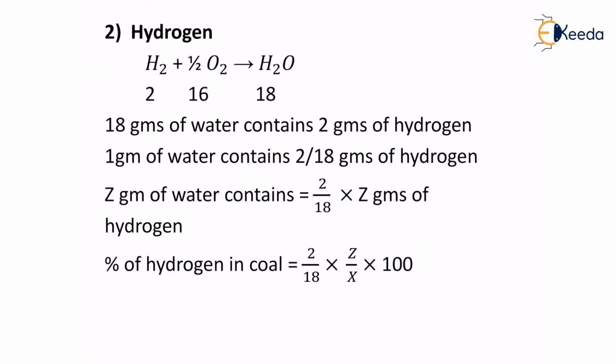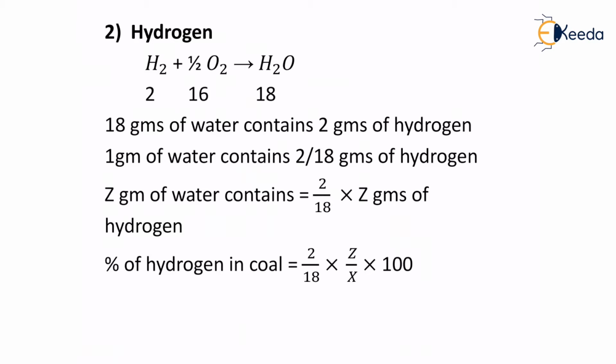So 18 grams of water contain 2 grams of hydrogen. If 18 grams of water contain 2 grams of hydrogen, then 1 gram of water will contain how much? Again over here we will do cross multiplication. It will be 1 into 2 divided by 18, which is 2 by 18.